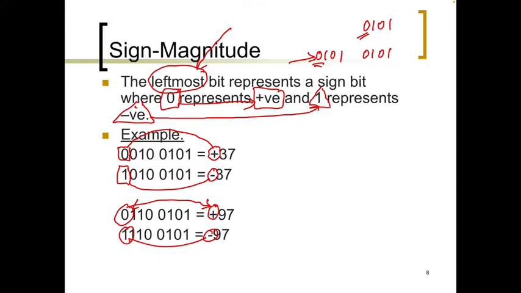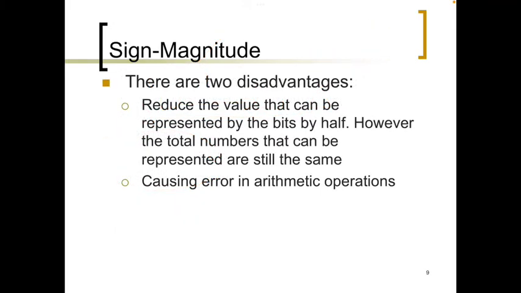So do you think it is good to have this leftmost bit to represent negative and positive? Next slide, we'll explain everything about this. As you can see here, there are two disadvantages of the sign magnitude.